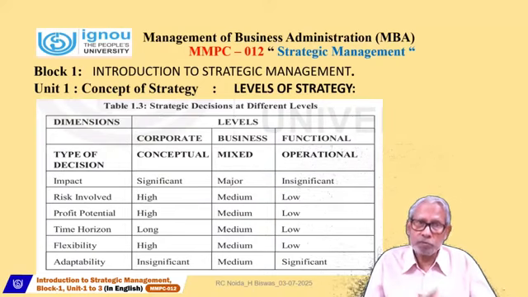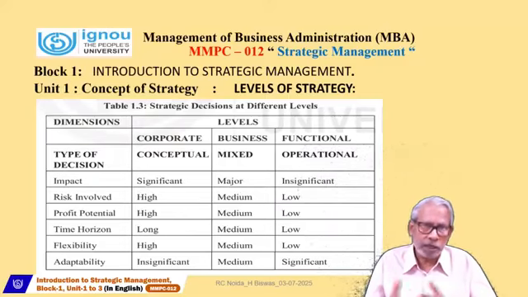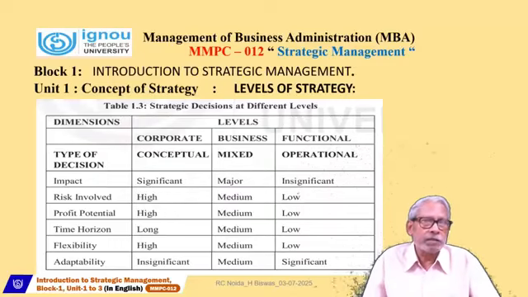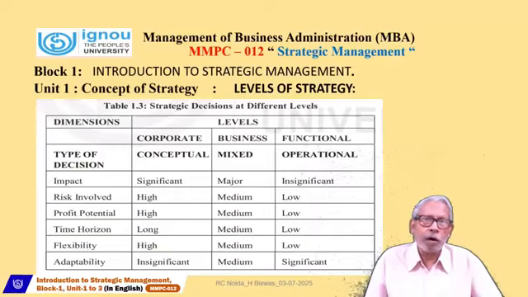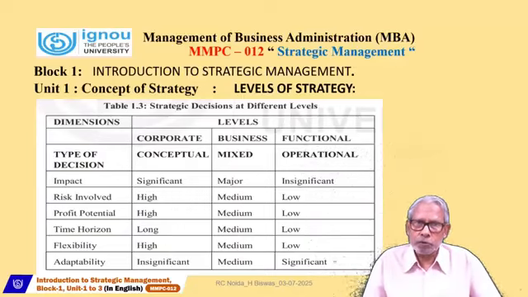But at the corporate level it is insignificant, because that type of skill they don't require. That skill is required by those in the front lines, the operational levels. They should be skilled enough. So this is a very comprehensive table. From here you can understand how the strategy levels are different.